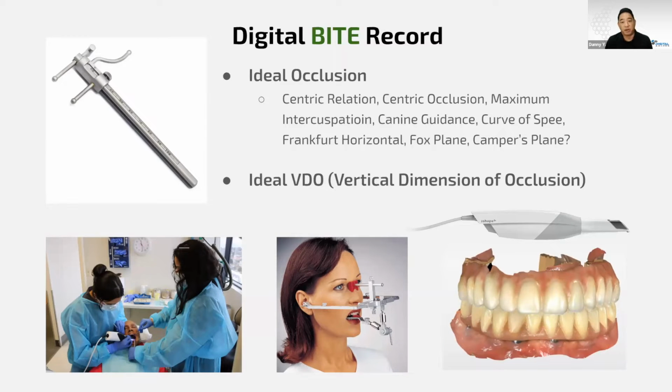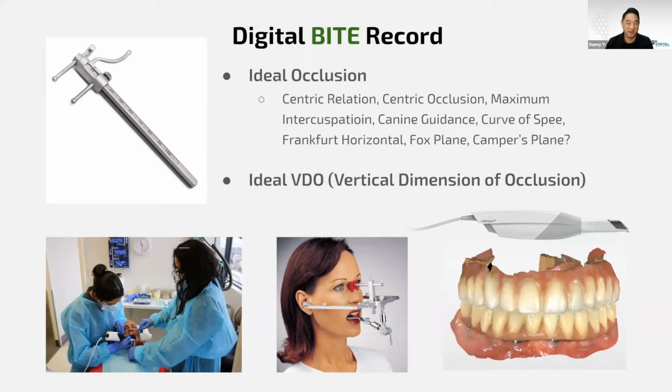When it comes to the digital bite record, again, I said you really want to try to capture the ideal bite, which means ideal occlusion. Now, I've gotten a myriad of lectures from my co-founder, Dr. Crockett, on what all of these things mean, and I still am not certain I can tell you exactly what all of these terms mean.